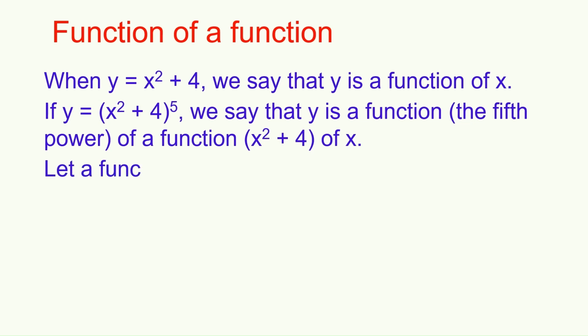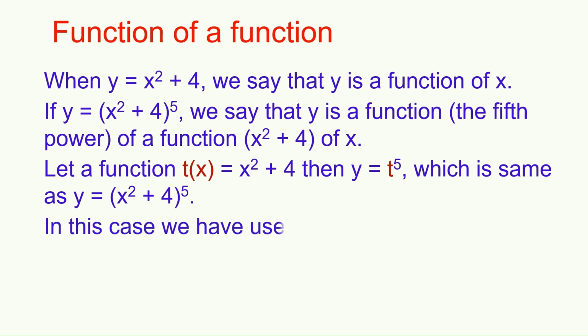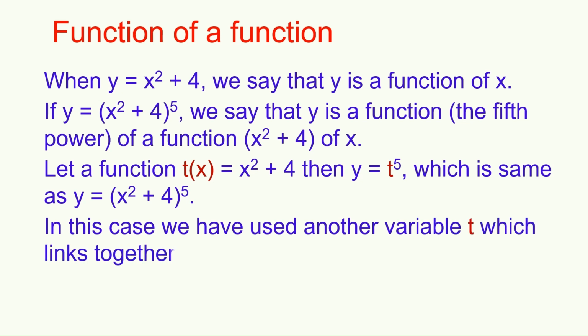Let a function t(x) equals x squared plus 4. Then y equals t to the power of 5, which is the same as y equals (x squared plus 4) to the power of 5. In this case, we have used another variable t, which links together the variables y and x.